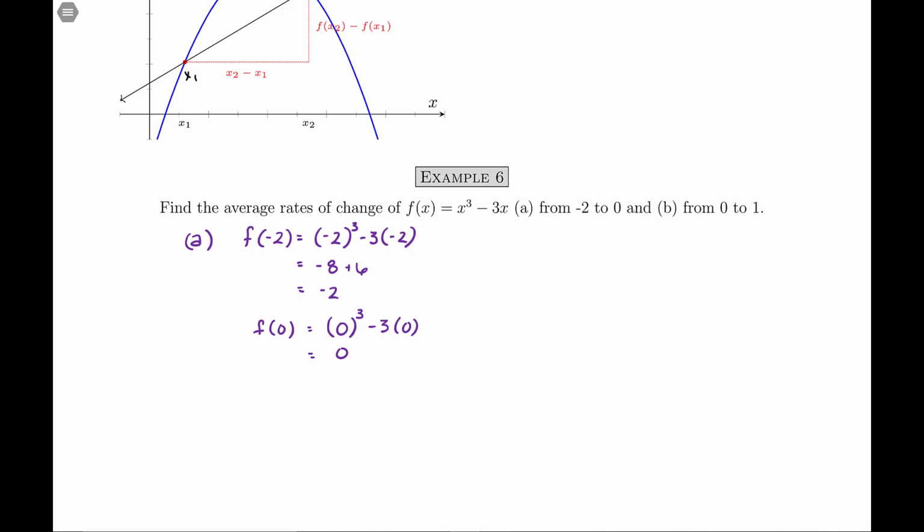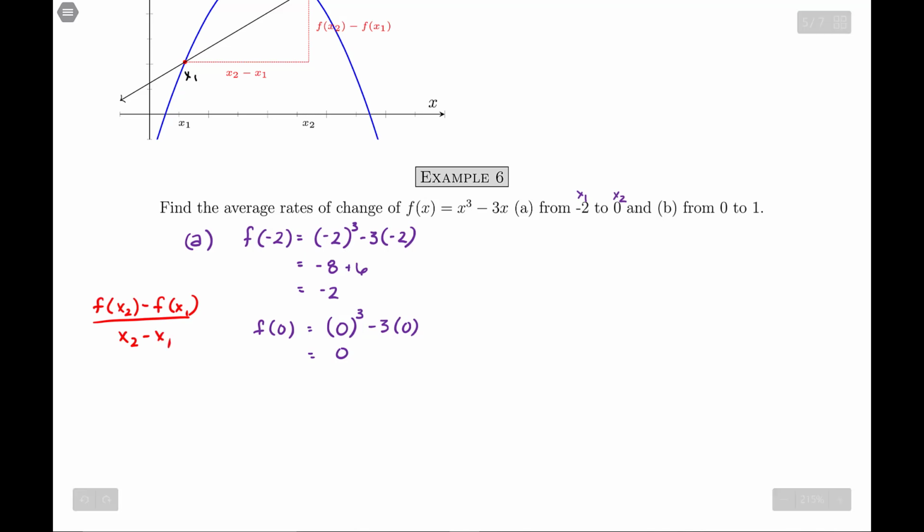So what we want to do now is, if I label these, that's x sub 1 and that's x sub 2. If we go back to the notation, it's f of x sub 2 minus f of x sub 1 over x sub 2 minus x sub 1.